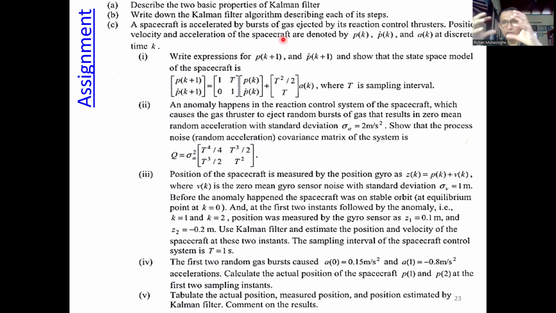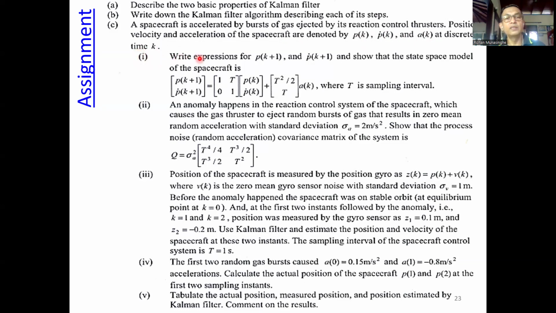There's a position, there's a velocity, there's acceleration, denoted by pk, p dot k, and ak. Position, velocity, acceleration. I could have used p, v, a, but for some reason I have used p dot for velocity and a for acceleration. Sorry about that.